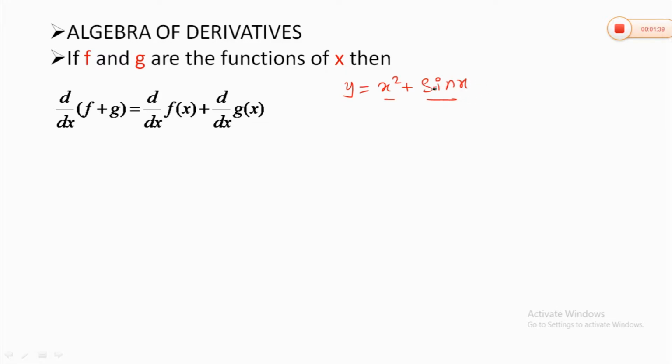Therefore derivative of this one is given by dy upon dx equal to dy dx of x square plus dy dx of sin x, that is derivative of f(x), derivative of g(x). So in this manner.